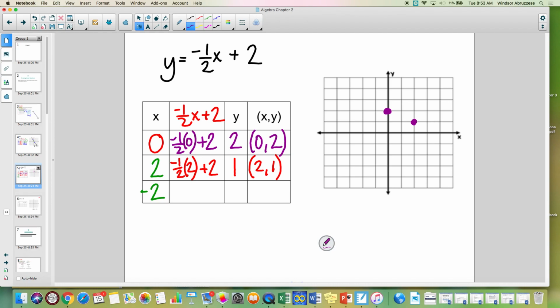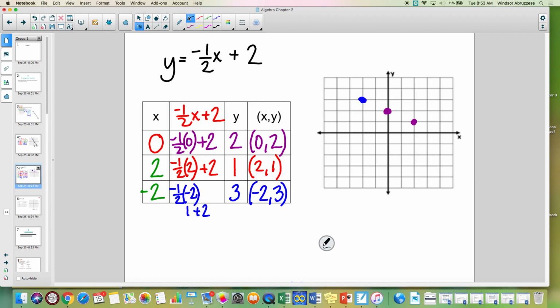Okay, again, I picked negative 2 because I wanted to eliminate that fraction. Negative 1 half times negative 2. Well, a negative times a negative is a positive. Half of 2 is 1. Plus 2 is 3. So my last solution is negative 2, comma 3. Negative 2, 3 is here.